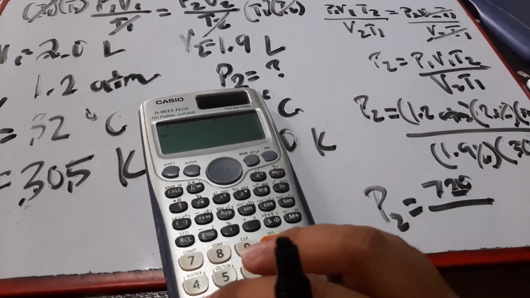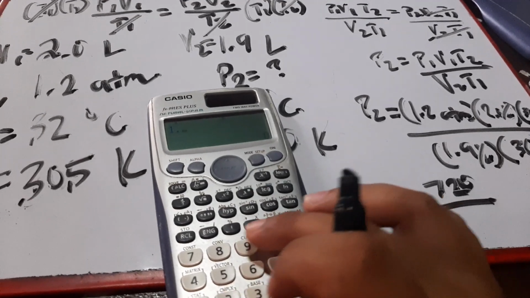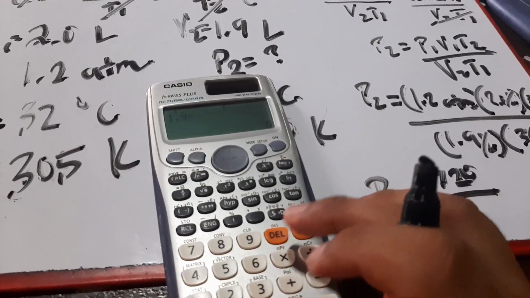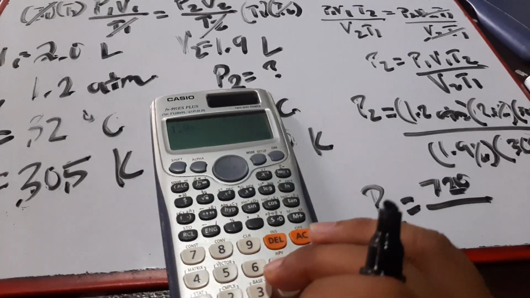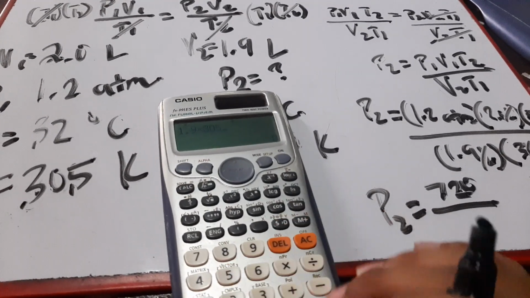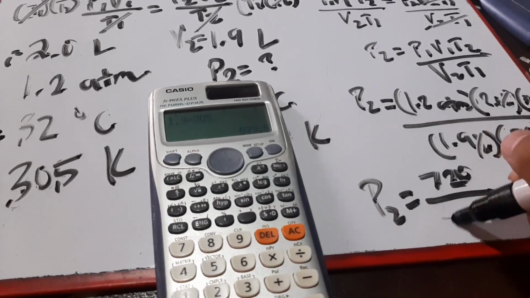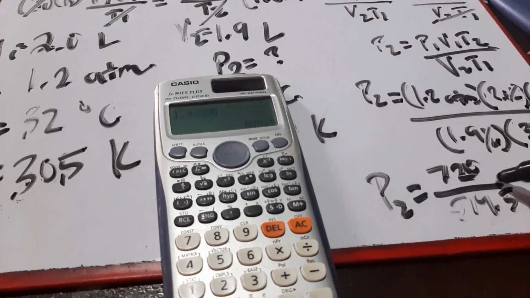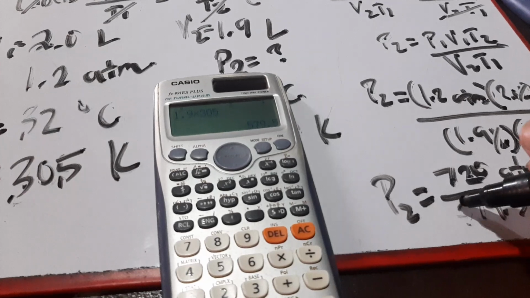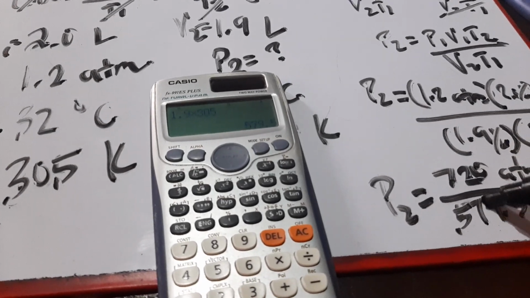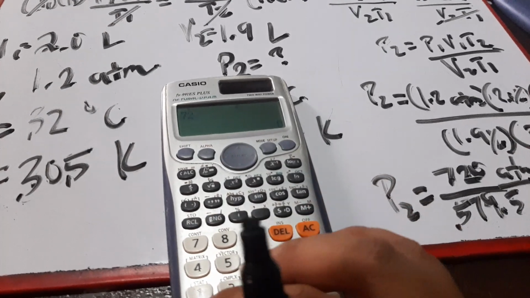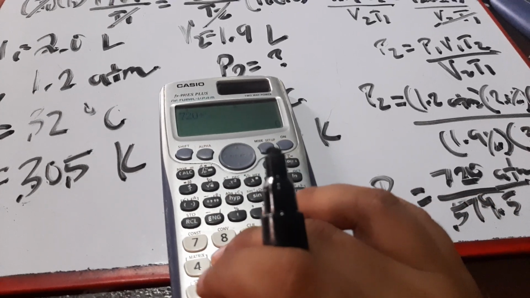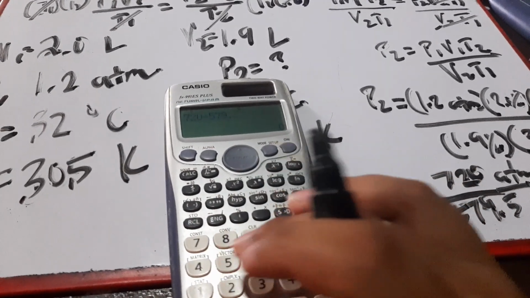And then I have 1.9 times 305. That would be 579.5. So here I still have atm. So that would be 720 divided by 579.5.